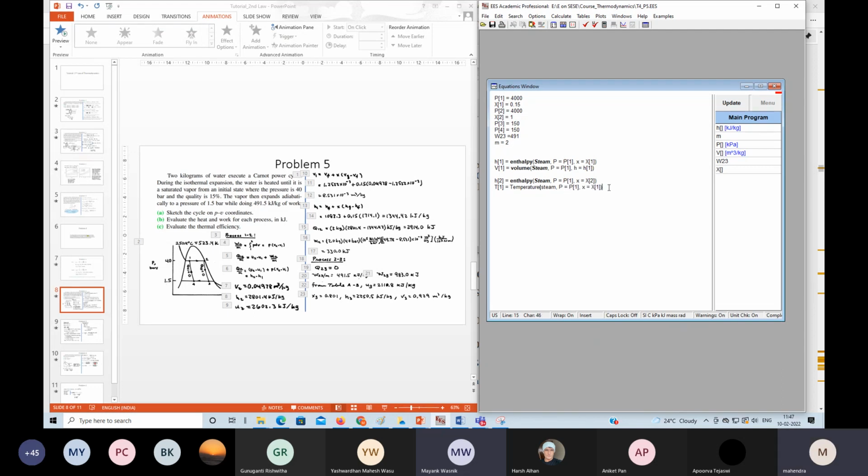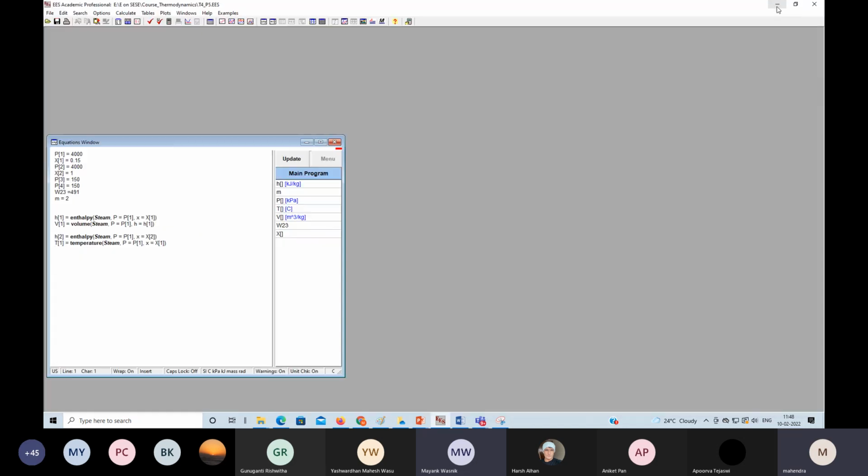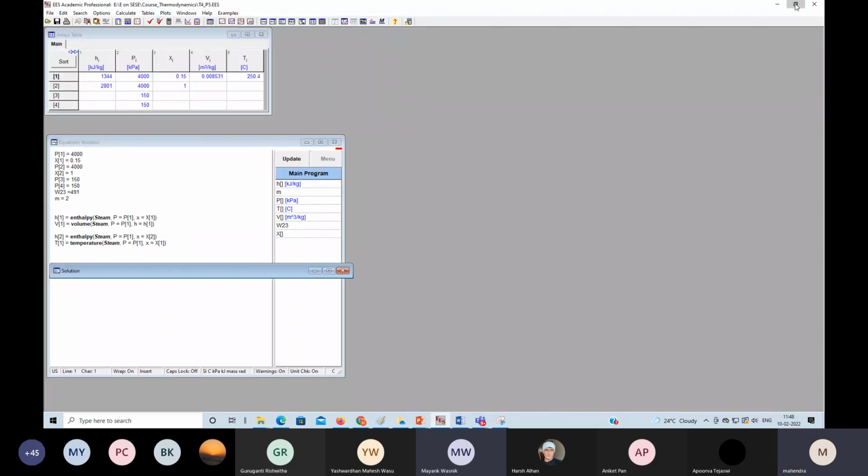But anyhow, that is saturation, right? Means latent heat process, means constant temperature, constant pressure. Where is this table? It is gone. Yeah, here.